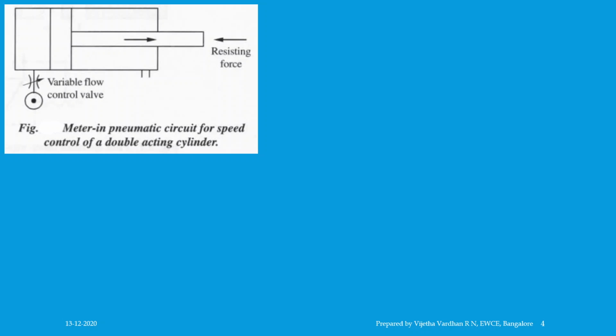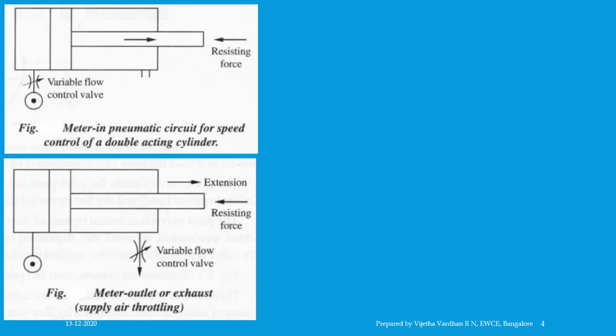The piston continues to extend at a more or less uniform speed, with the speed governed by air admission. Any increase or decrease of resistive load will decrease or increase the speed respectively.